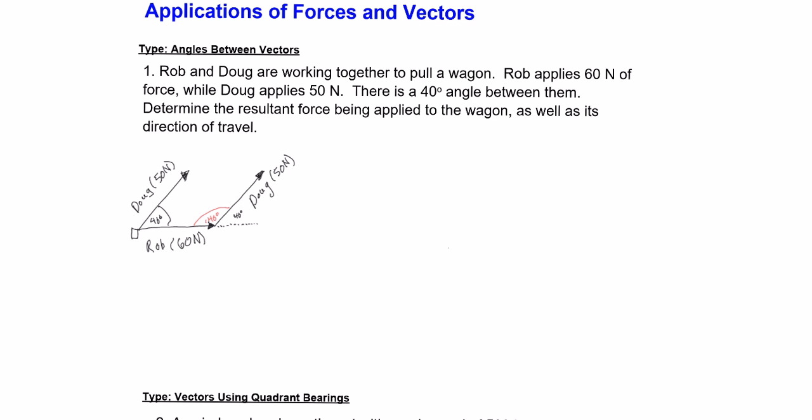Now, we're going to have to create our R value. So our R value is the resultant, and it starts here, and it goes all the way here. So let's do that right now. It's going to be in blue. Now that I have my vector, we're going to call this R, just like I said earlier.